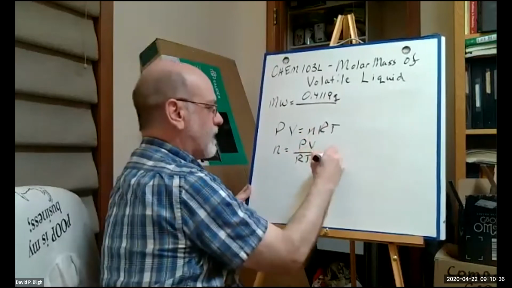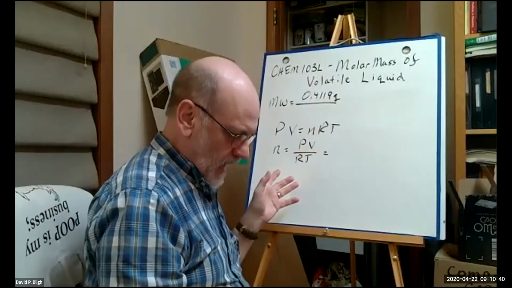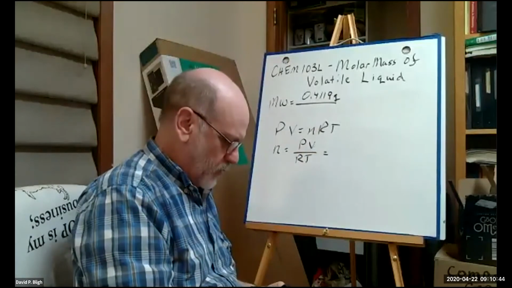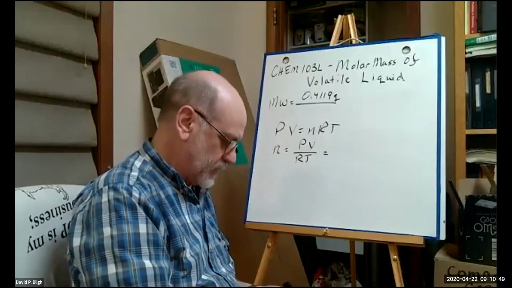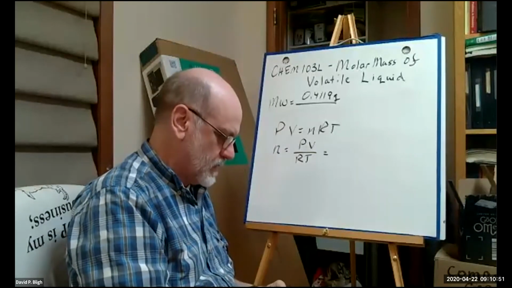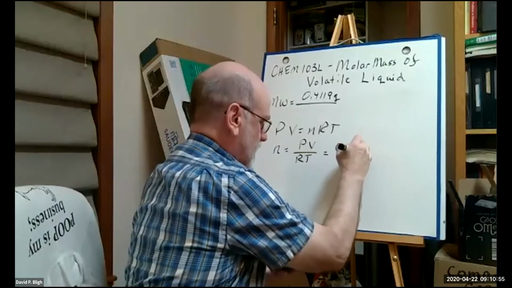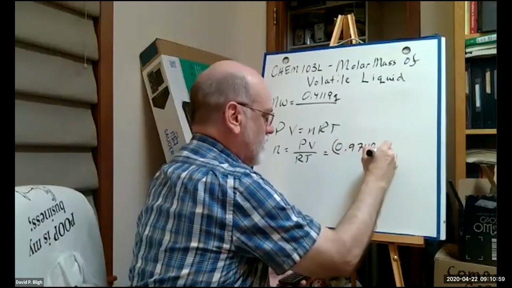All right. So what was the pressure? Oh, we didn't finish that calculation. So 29.17 inches of mercury divided by 29.92 is 0.9749 atmospheres.